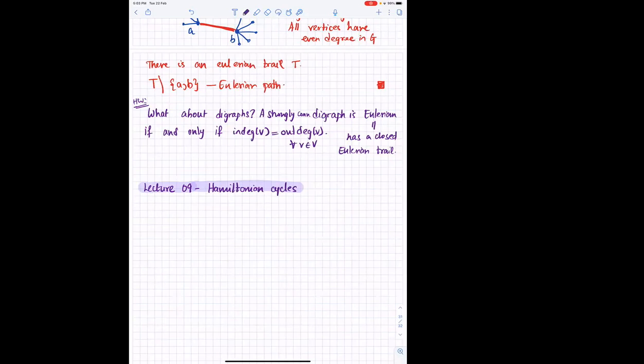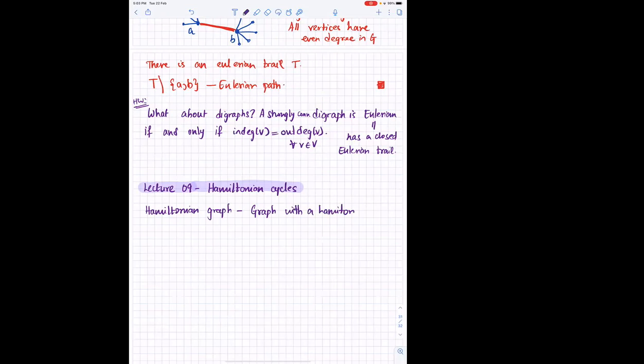Right? Exactly. Now, another complementary notion to this is you're given a graph and you want to visit every vertex exactly once. So, what is a Hamiltonian graph? You say a simple graph G is Hamiltonian if it is a graph with a Hamiltonian cycle.